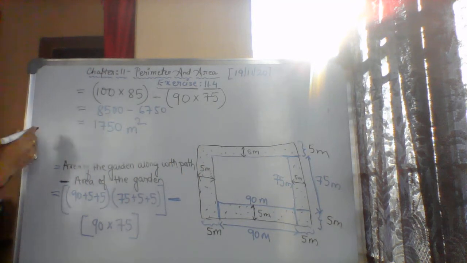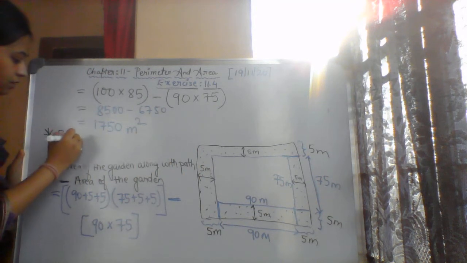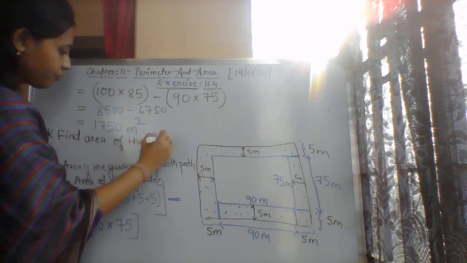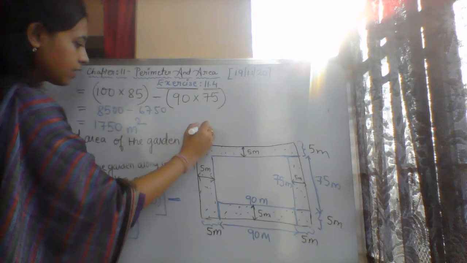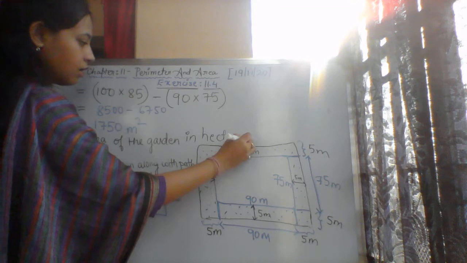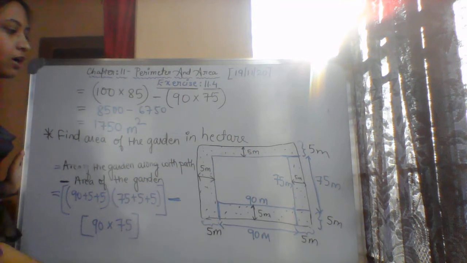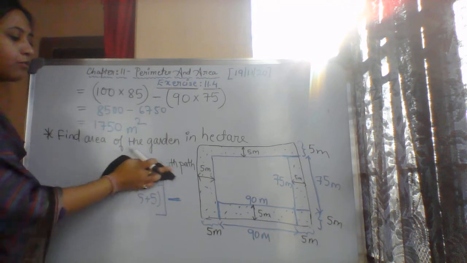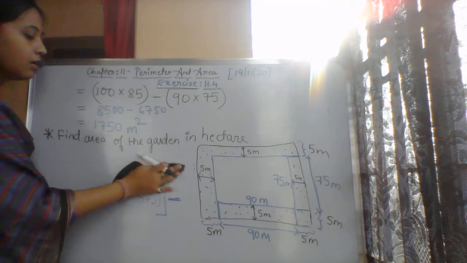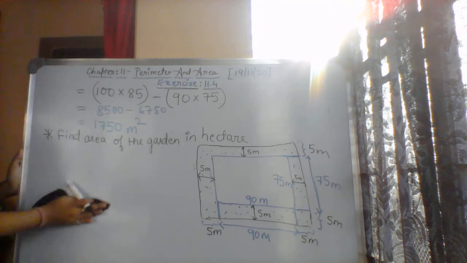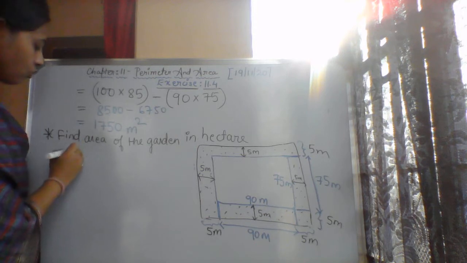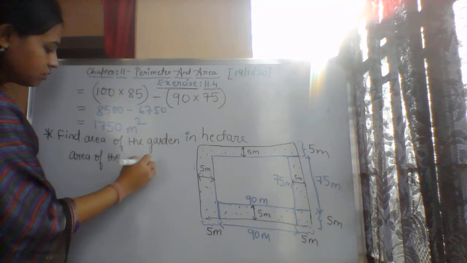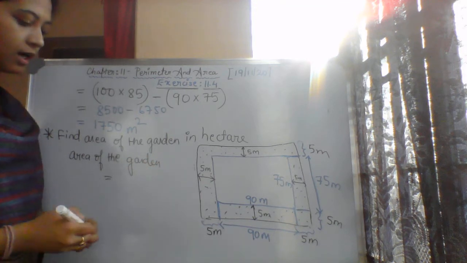Okay, now one more question is there. Find the area of the garden in hectare. We know the area of the garden in meter square, but we do not know the area of the garden in hectare. So here is the application of conversion of unit. How much is the area of the garden?